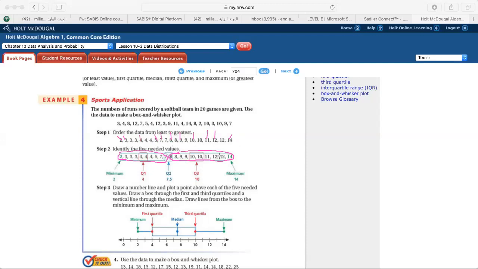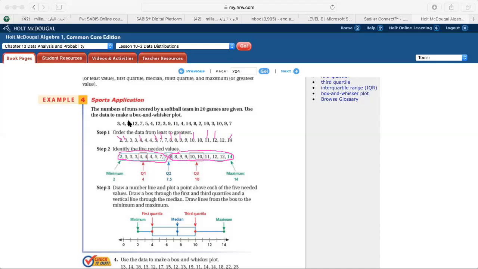So let's make 2 groups. The first group has 5 and the second group has 6. So I'm going to put 2 and 3 with the repeated values, and 4 with its repeated values, and 5 and 7 with its repeated values. And then in the other group, I'm going to put 8 and 9 and 10 and 11 and 12 and 14.